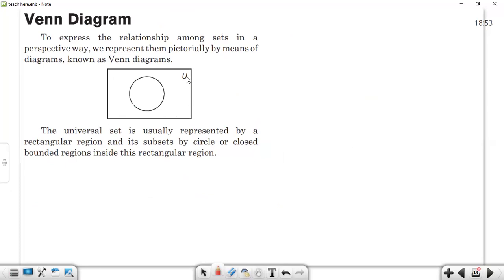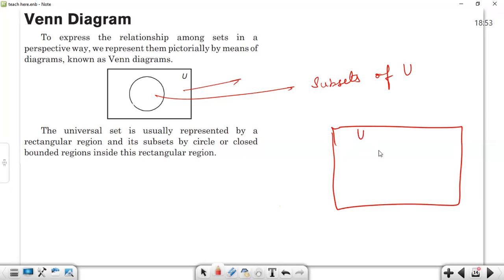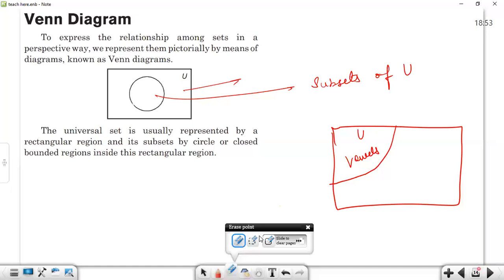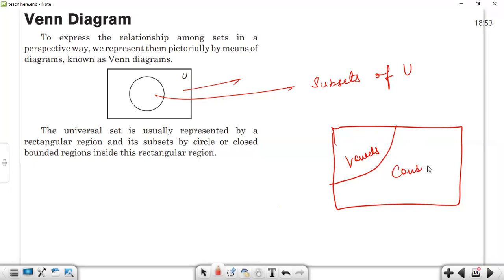In this, the rectangle is considered as the universal set, and the small regions are subsets of the universal set. So we can write that this is the universal set, this region represents vowels, and the remaining area belongs to consonants.